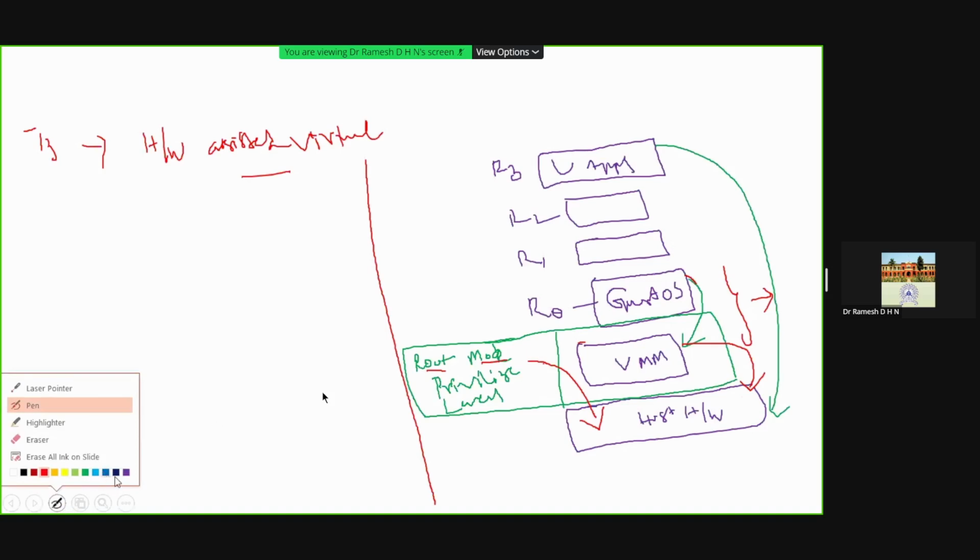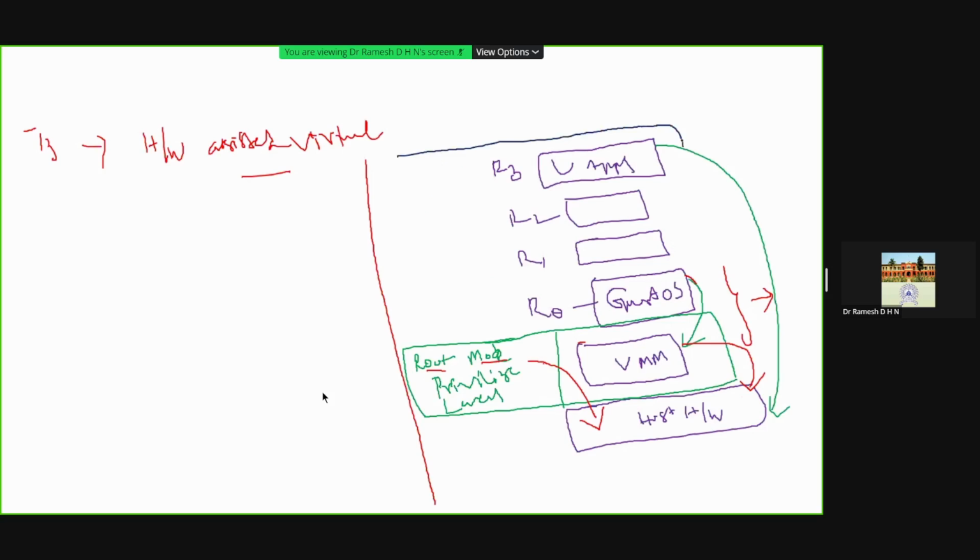Now let me place here, as usual, the hardware. Here I have mentioned these are the root mode privilege levels, and from ring 0 to ring 3, up to this point, these are non-root mode privilege levels, meaning not privileged instructions, non-critical or critical instructions, both.